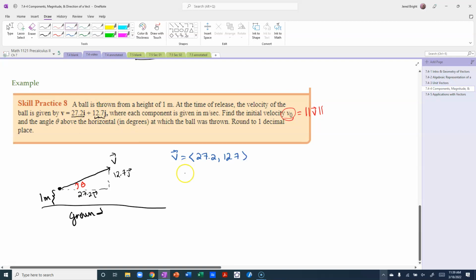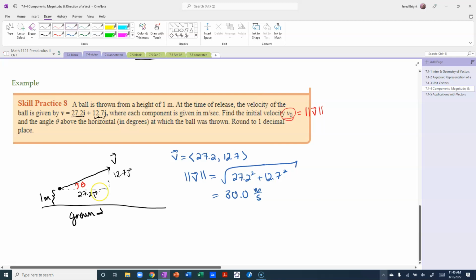From here, let's calculate the magnitude of v. So I would do the square root of 27.2 squared plus 12.7 squared. If you do this calculation, it ends up being 30.0 meters per second. Oh, okay, that's fine.